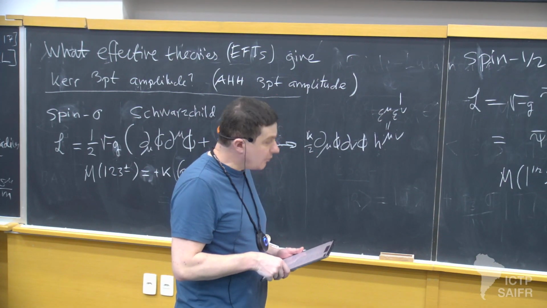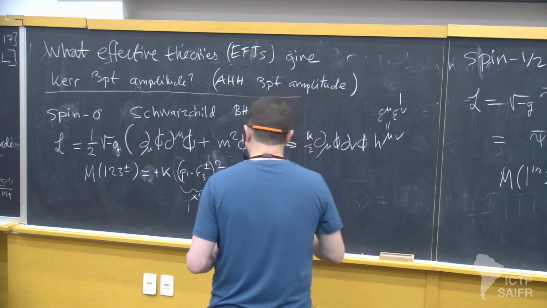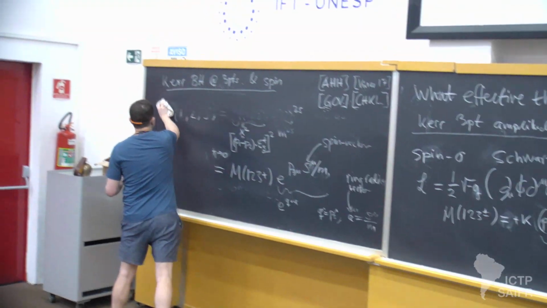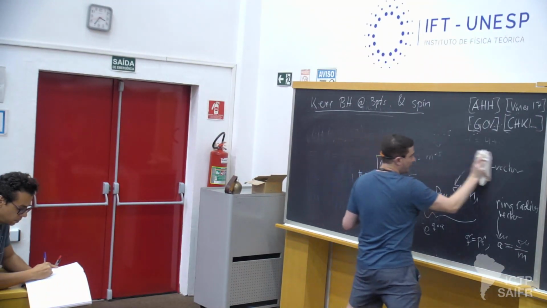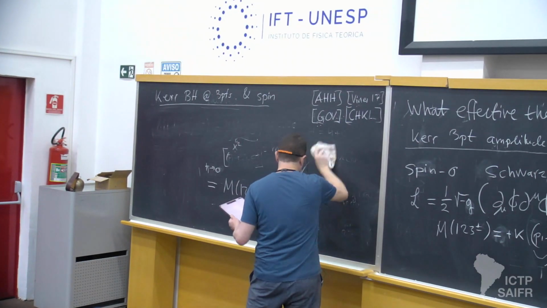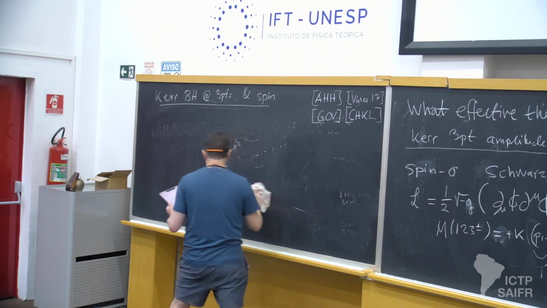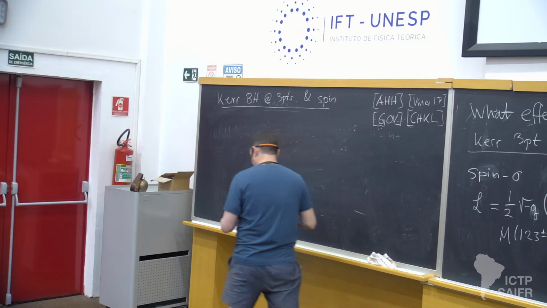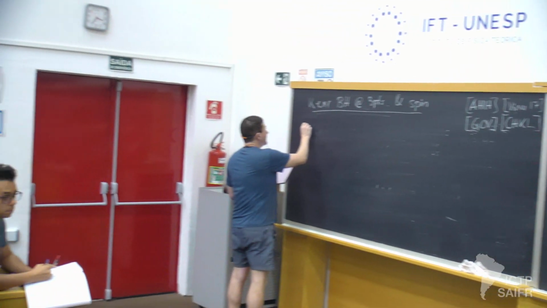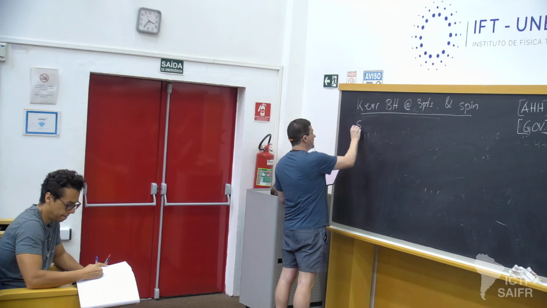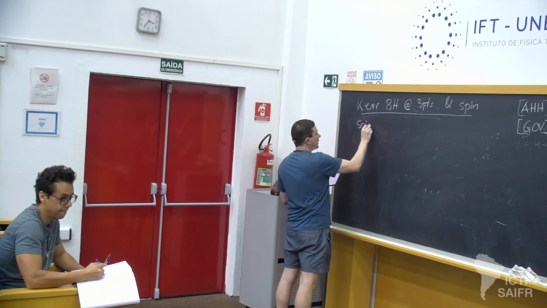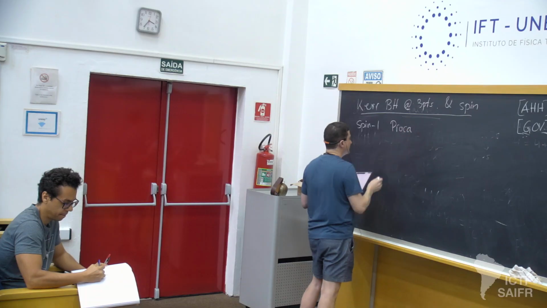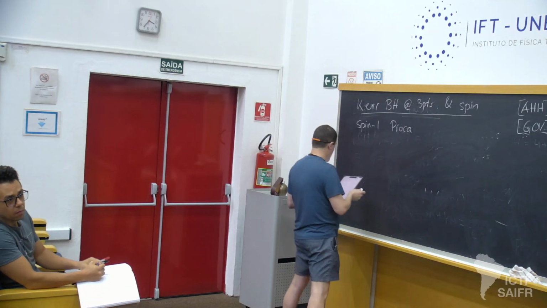So I think I'm going to do one more example. And that's the Proca theory, which we already talked about last time. So that's spin 1, which is Proca.